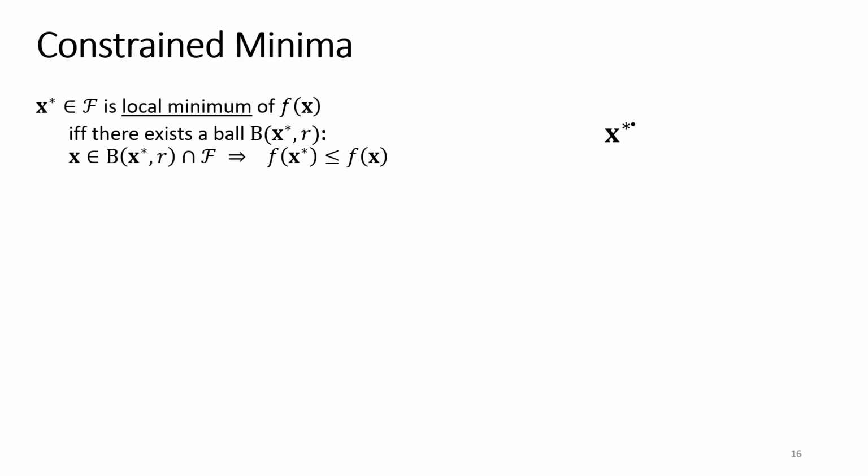Now, before proceeding to identify the conditions for constraint minima, let's define what a minimum is in the context of a constraint optimization problem. So a point x star, you can see this figure here, must belong to the feasible region, and it's a local minimum of f of x subject to the constraints. It's not written here, but it must be subject to the constraints because naturally the constraints are satisfied only in this feasible region.